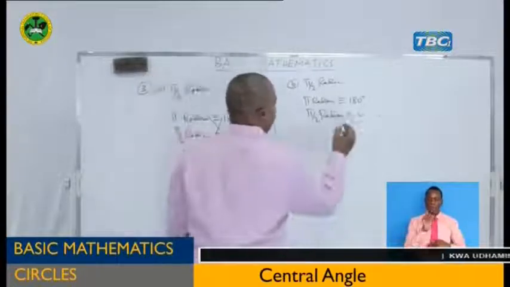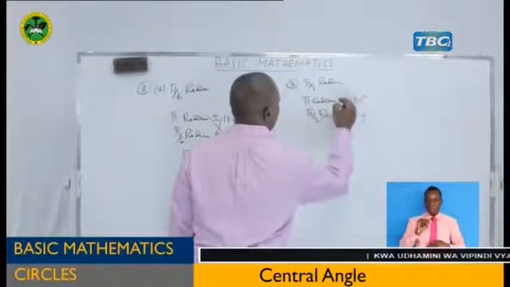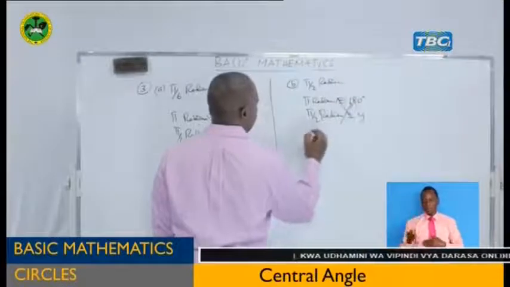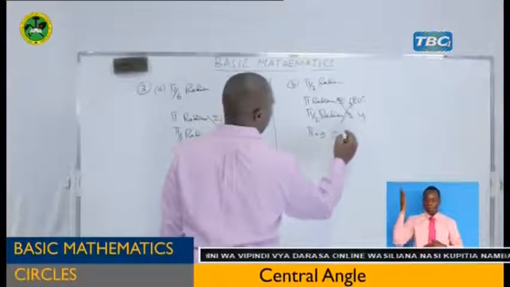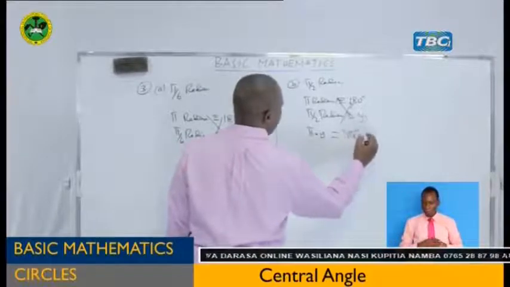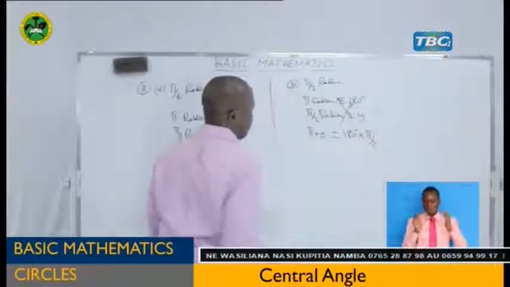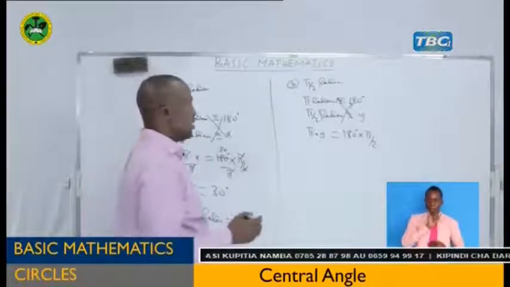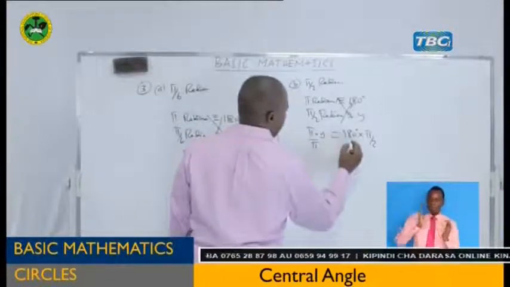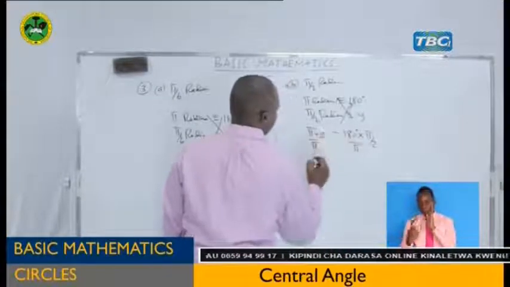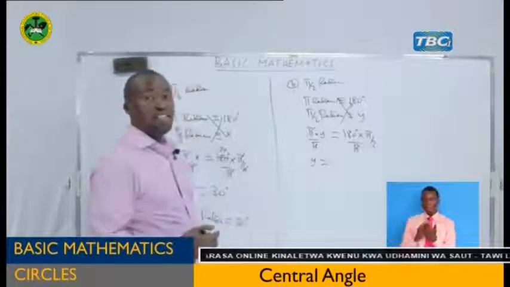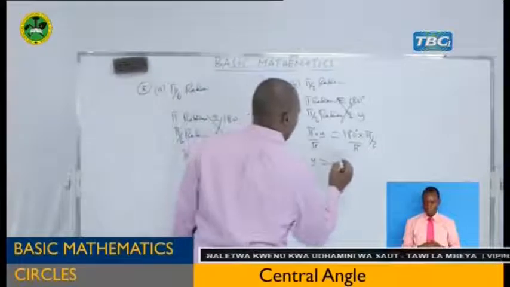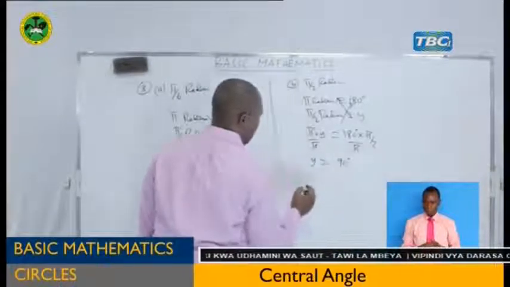So in this case, we have pi times y equal to 180 degrees times pi over 2. Now dividing by pi from both sides, we have y is equal to 180 divided by 2, that is equal to 90 degrees.